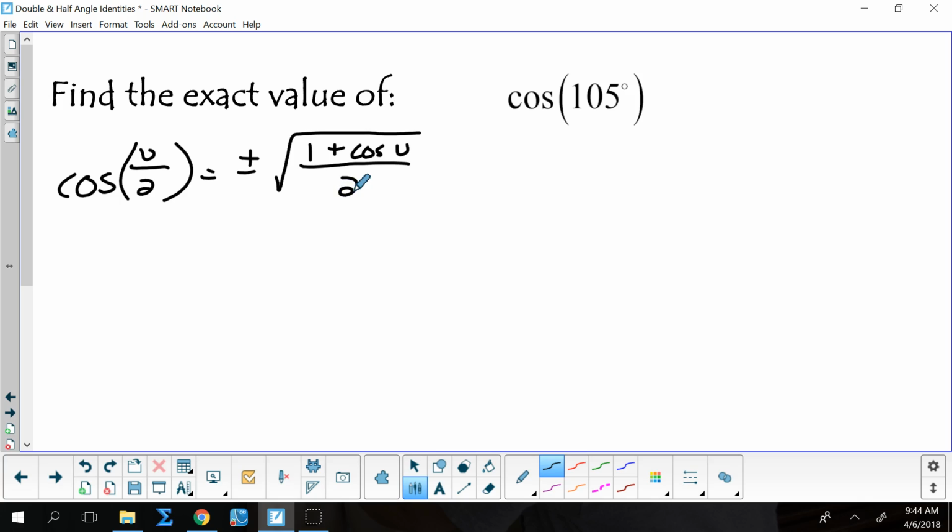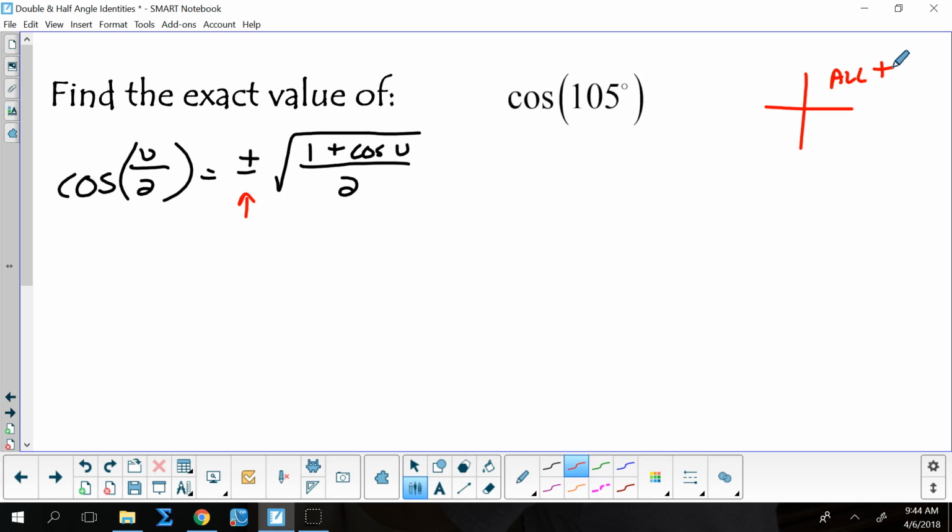Right? Okay? Now, with half angles, you're not going to get two answers. That plus or minus sign out in front here, that's going to either become just positive or just negative, depending upon what quadrant your angle is in. Okay? Remember, in quadrant number 1, all of them are positive, right?